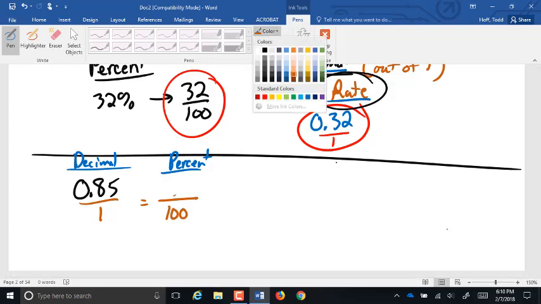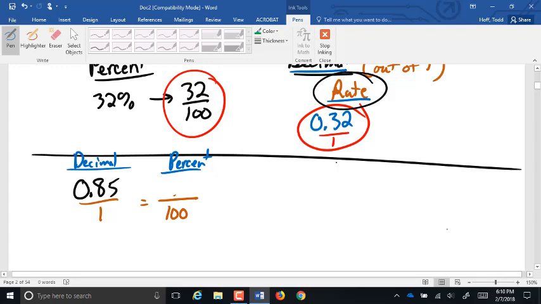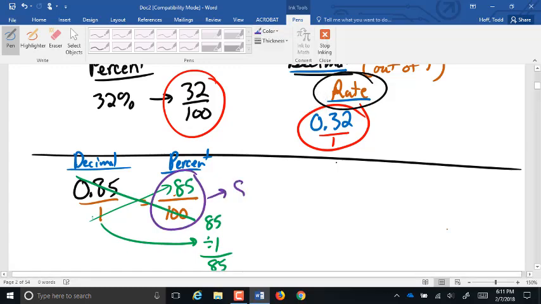To find that missing number, we can cross multiply and divide. There's two numbers that are diagonal to each other. That's the 0.85 and the 100. Your 0.85 times 100 is 85. And then there's the other number that's diagonal with our missing number. In this case, that's the 1. We divide by that. Divided by 1 is still going to be just 85. So what we have here is 85 out of 100, or 85%.